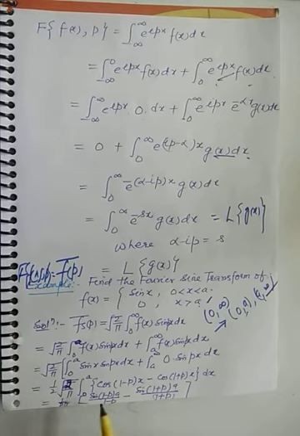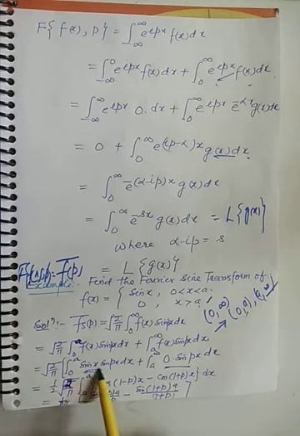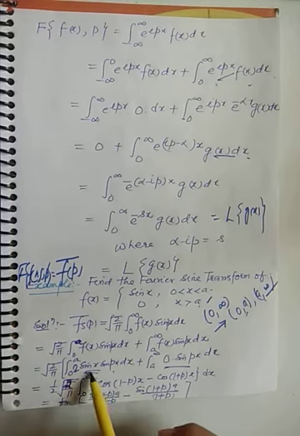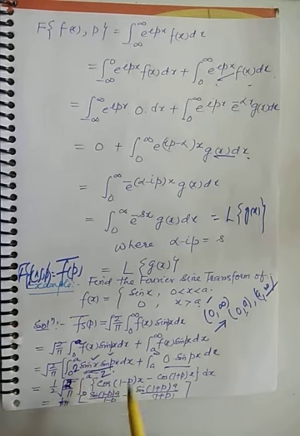Putting the value of f(x): when x is greater than a, this will become 0, and when x is less than a, f(x) is equal to sin x. Here sin x sin px, multiplying and dividing by 2, this will become cos (1 minus p) x minus cos (1 plus p) x dx.